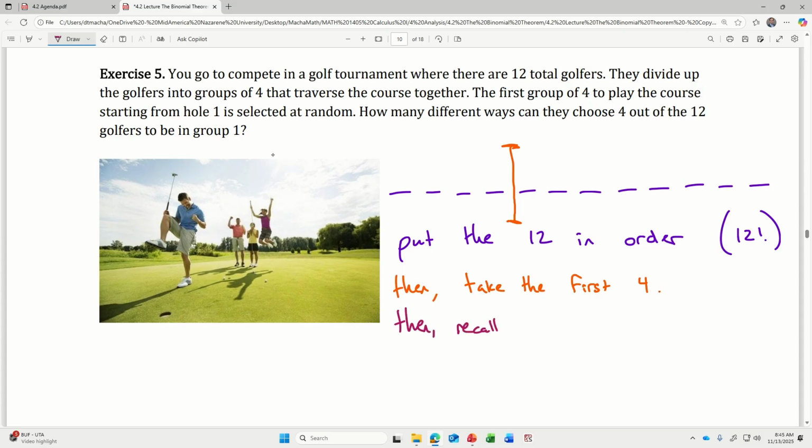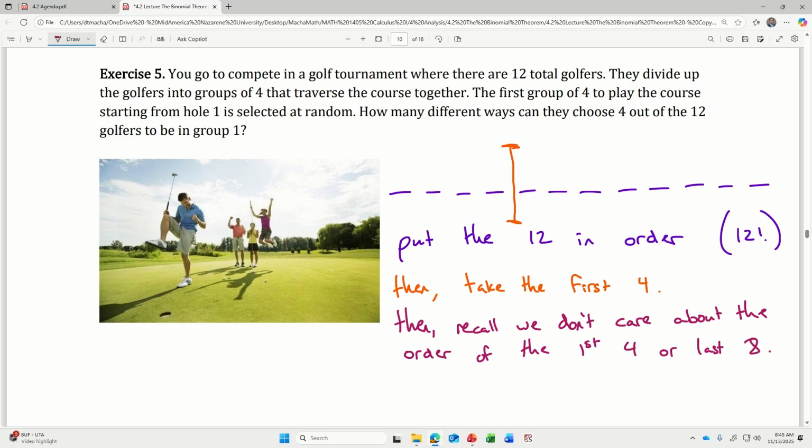And then recall that we don't care about the order of the first 4. Or the last 8 for that matter.